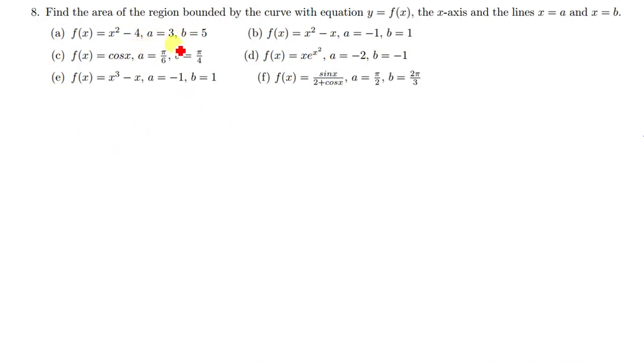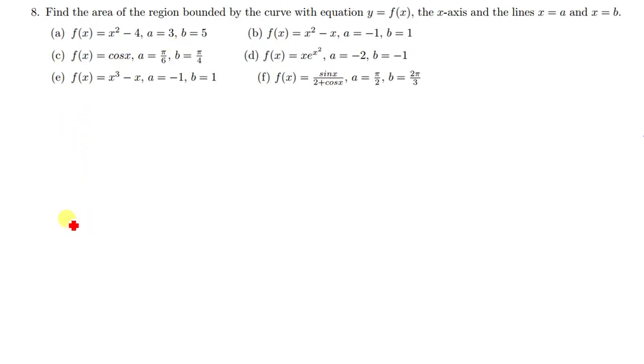So what you now need to do is sketch the given curve. Actually, for this question it's a little bit straightforward, so if you want you can even skip sketching the curve and go directly to finding the area. So let us find the area.